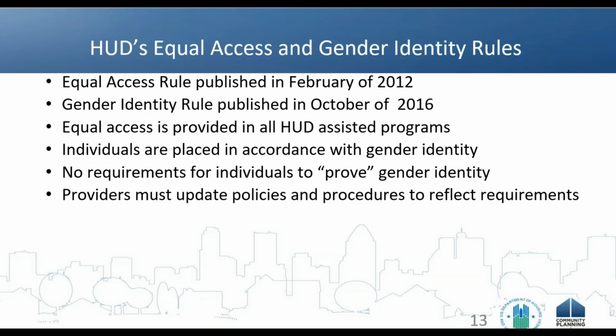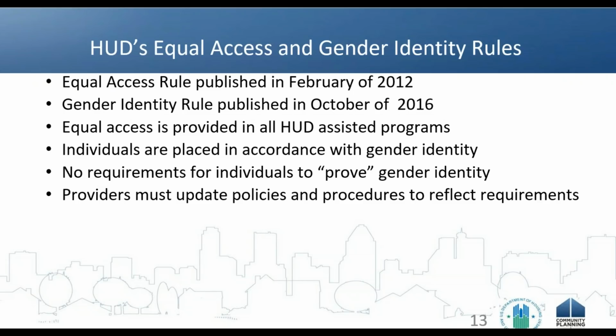So I want to start with just a little bit of history. I promise it'll be short, but a history of the Equal Access Rule in 2012 and then the 2016 Gender Identity Rule. I'm not going to go into these a lot because as we go through the scenarios, we found that this is really how you learn how this rule applies to your particular project.